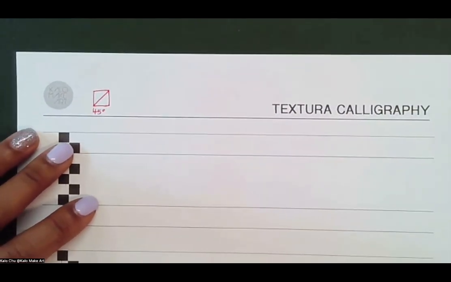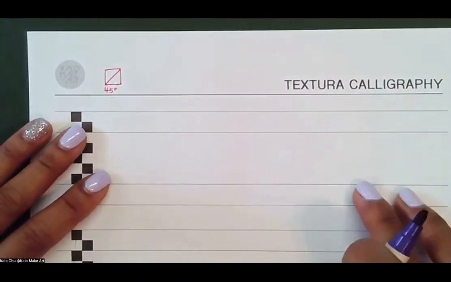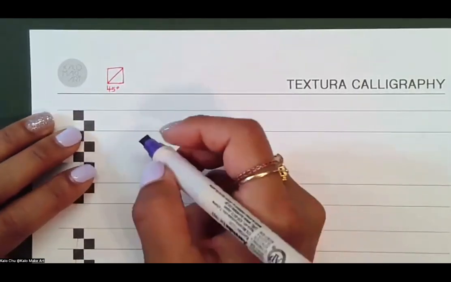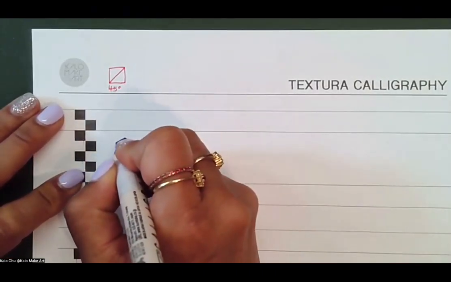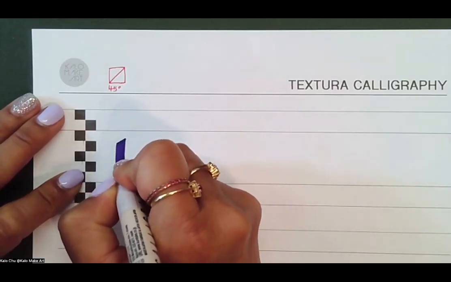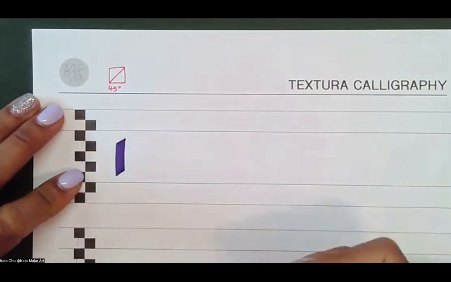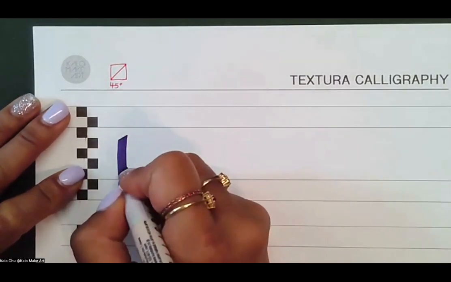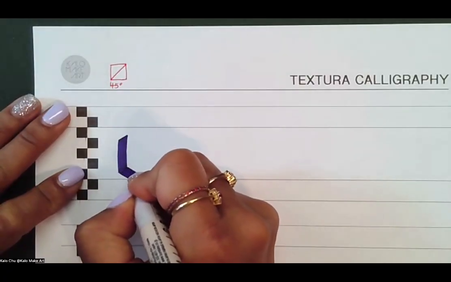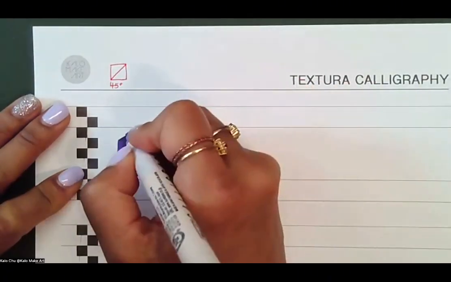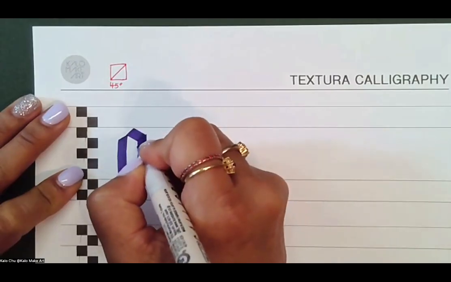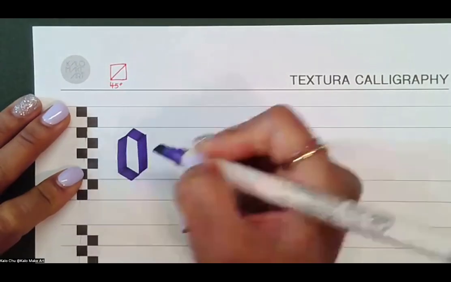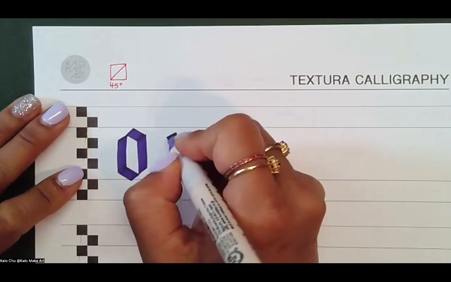Now, when you do the letter O, let me demonstrate again. When we do this, we want to come down vertical. Before you touch the baseline, you want to do the diagonal, and then you do the diagonal again, and then you come down vertical. I want to do a couple of them.